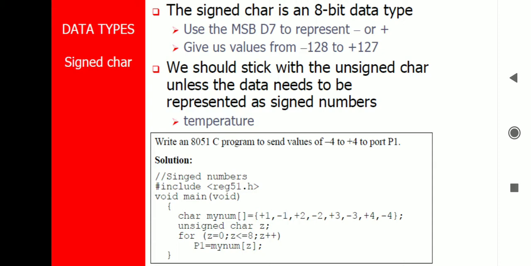Temperature may be positive or negative. In such conditions, we can use signed character. Here an example is given: the array of -1, +1, -2, +2, -3, +3, -4, +4 is declared with a signed character.